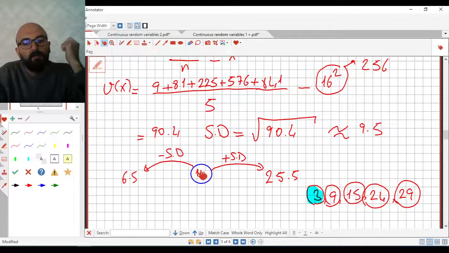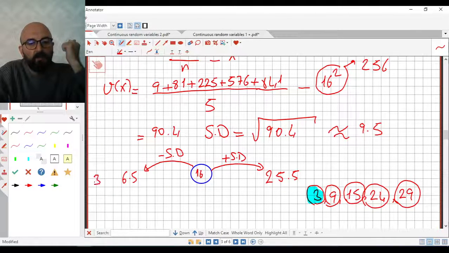Three is less than one standard deviation back from the mean, because one standard deviation back is 6.5. And 29 is more than 25.5.